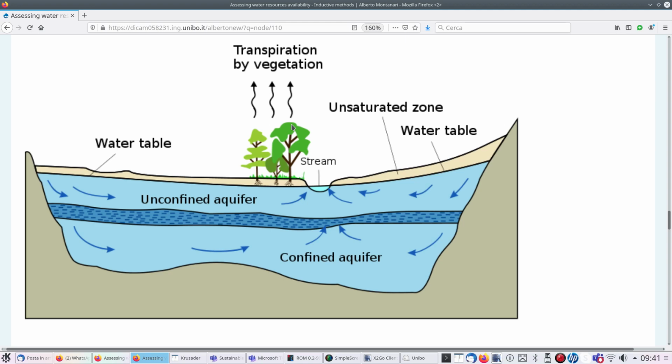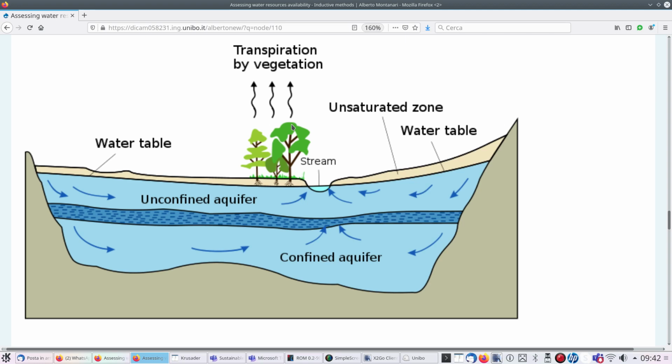also on the season. So this infiltrated water gets stored into the soil, provided the soil is able to store it. And the capability of a soil to store water depends on porosity. Everything is described on the web page, so don't worry about what I'm saying about these definitions. Depends on porosity.